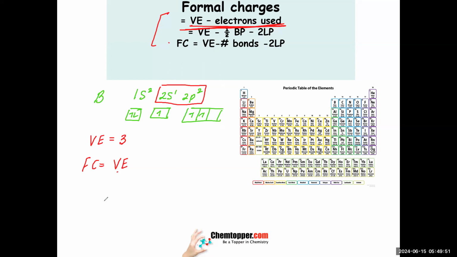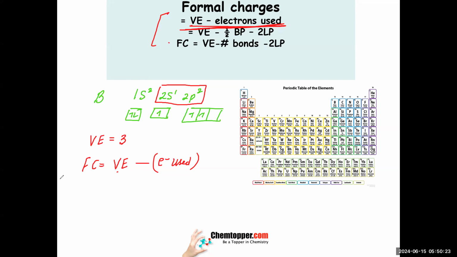It's the valence electrons of the element minus how many electrons it has used in making the Lewis dot structure, in making bonds around it and in making lone pairs around it. So that is the formal charge. If it is using exactly its valence electrons, then the formal charge is 0. If it is using more, then negative. If it is using less, then positive.